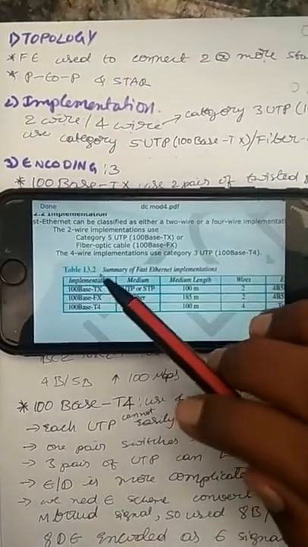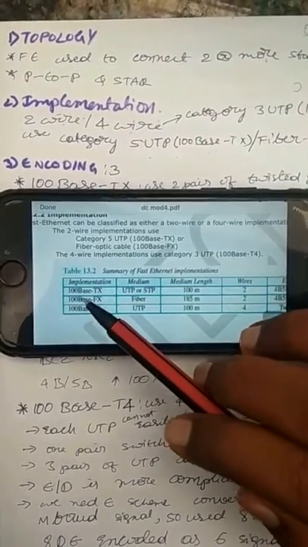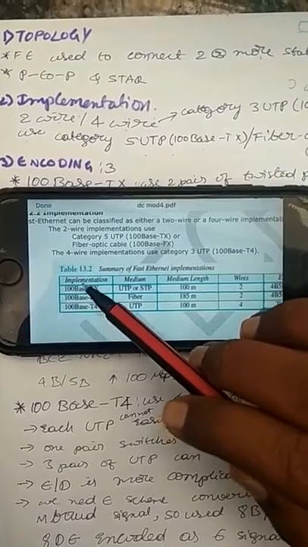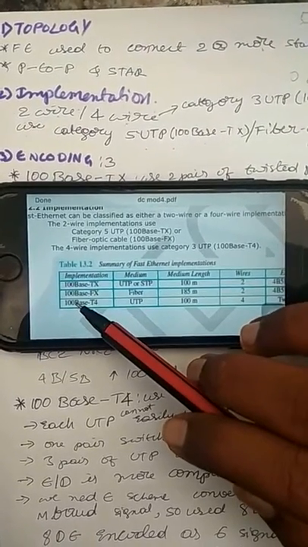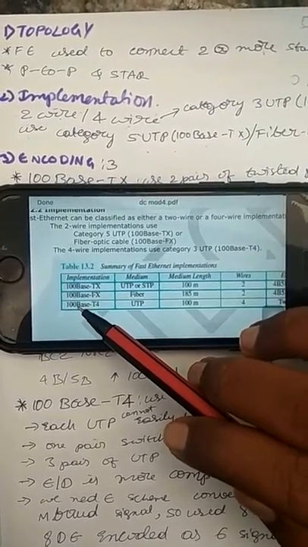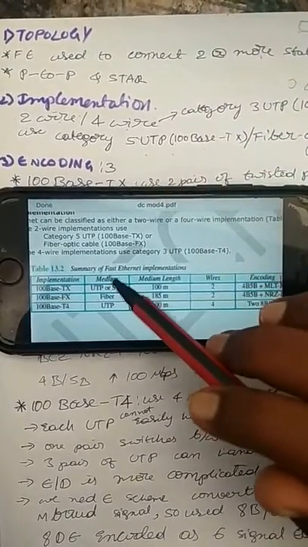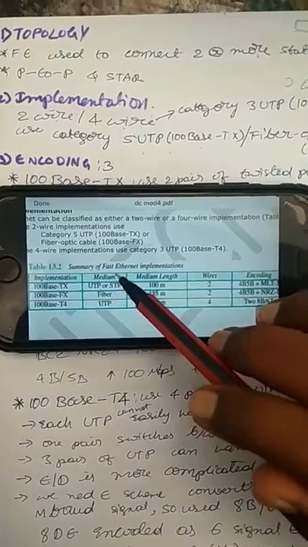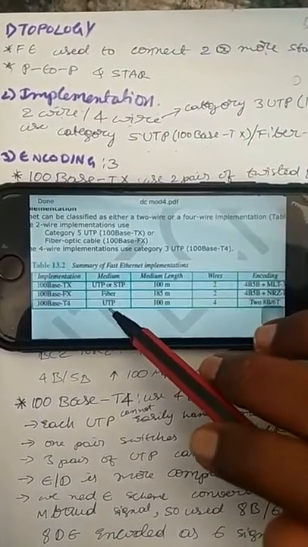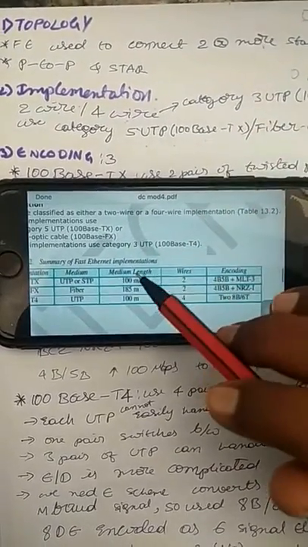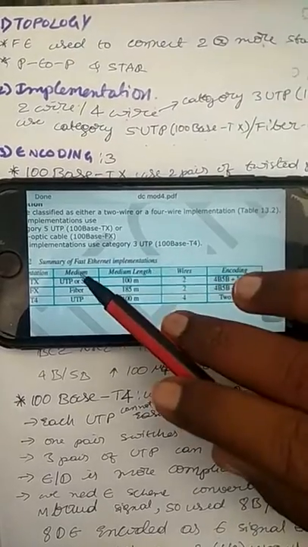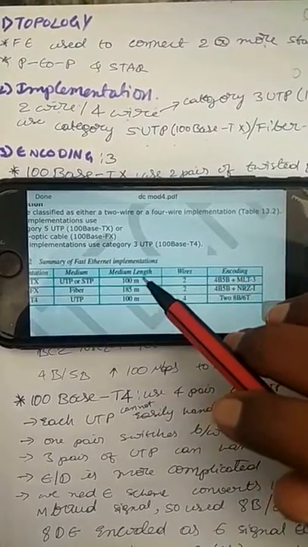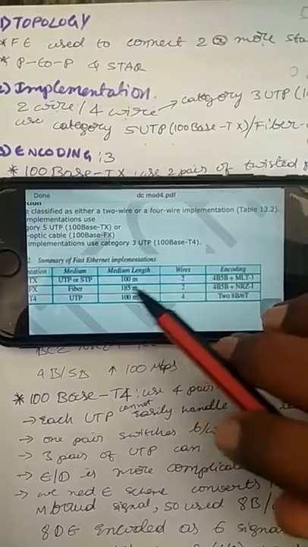You can see the implementation has 3 types. The first two use 2 wires, the last implementation uses 4 wires. Here we use category 5 UTP, here we use optical cable as a medium, here we use category 3 UTP. Next, the medium length of these wires is 100 meters, 185 meters, 100 meters.